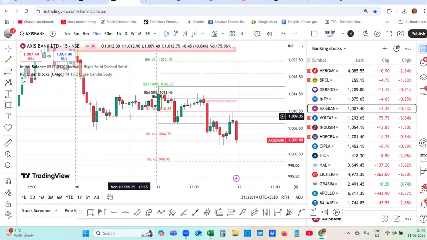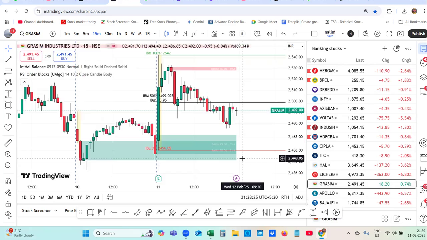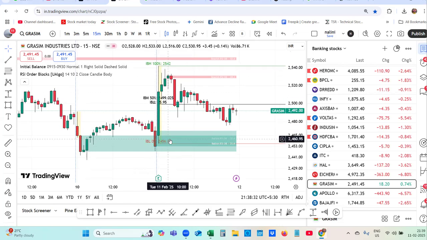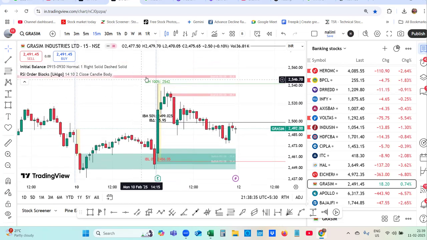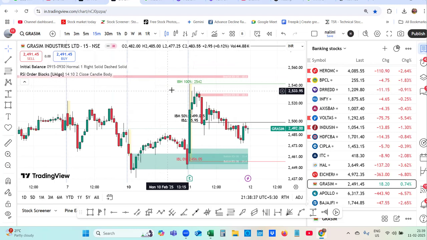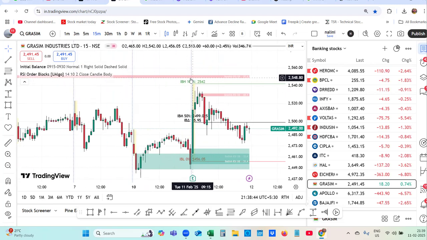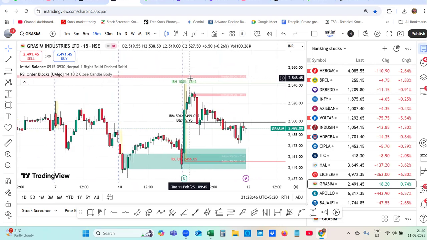You can apply it and become profitable, and it helps you to identify trends either to the upside or to the downside. Here is one stock where you can see the opening range, the initial balance, is too high. The price is hitting near the previous order block, which has been clearly plotted over here.